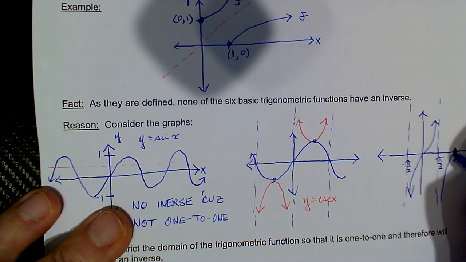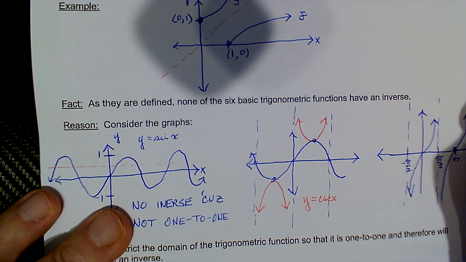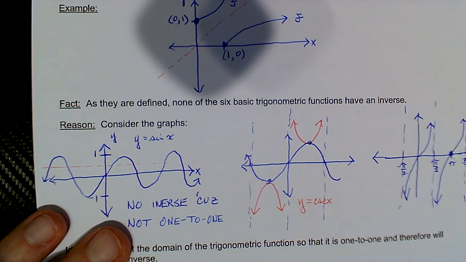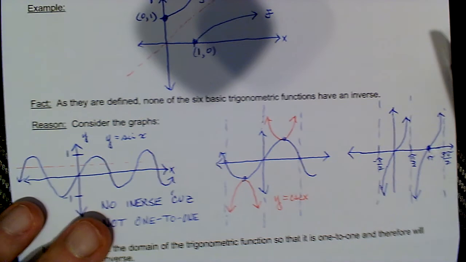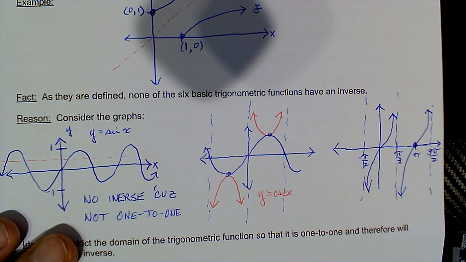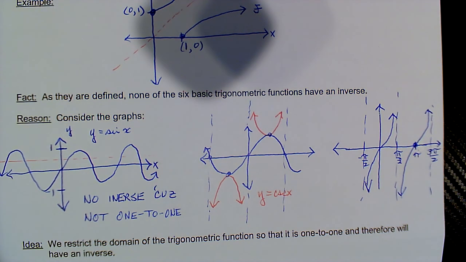And then it's got that shape for the tangent function, and that repeats itself every pi radians. So you could see that a horizontal line passes through its graph in more than one point, so therefore it's not one-to-one, and therefore it does not have an inverse.